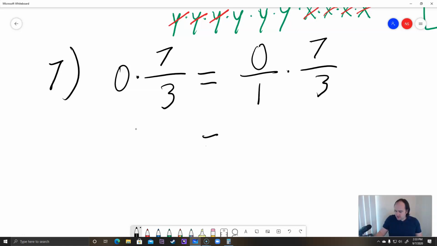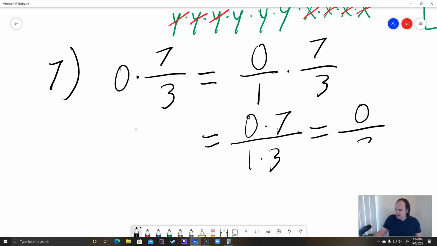Because if you multiply straight across, on the top you have 0 times 7, and on the bottom you have 1 times 3. On the top that gives us 0, and on the bottom we have 3. And remember, 0 divided by any other number is 0. So our answer is just 0.